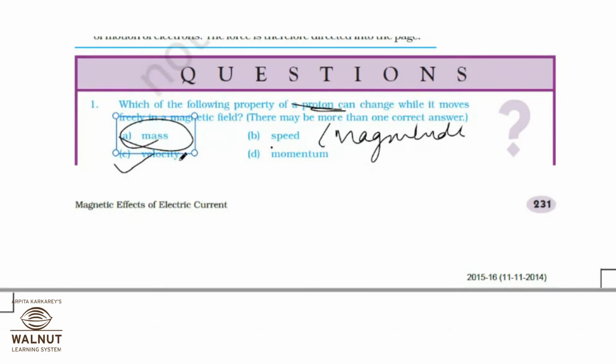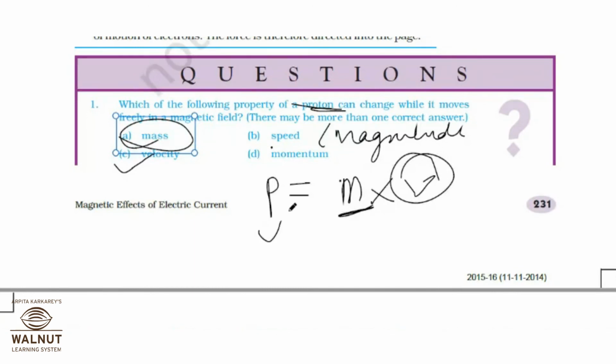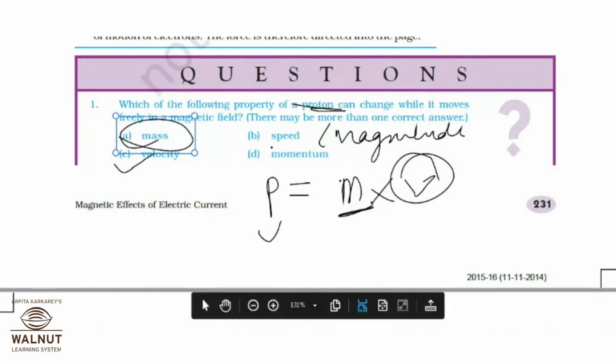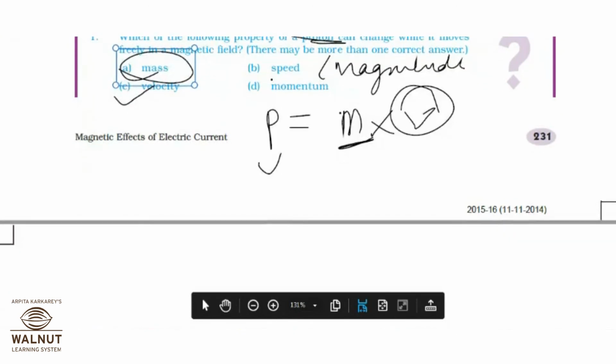Now, if velocity is changing, automatically momentum will also change, because momentum is a product of mass into velocity. Mass is constant, v is changing, so p will also change. Yes, p is equal to m into v, kg meter per second unit.